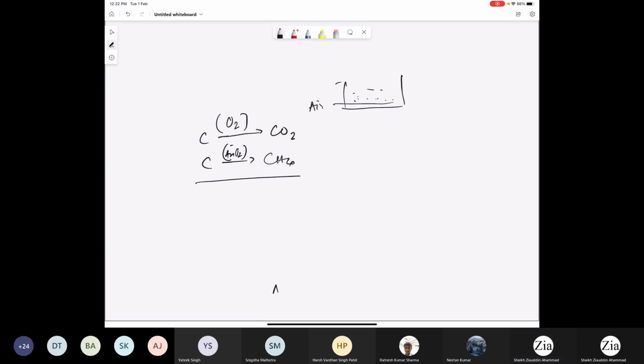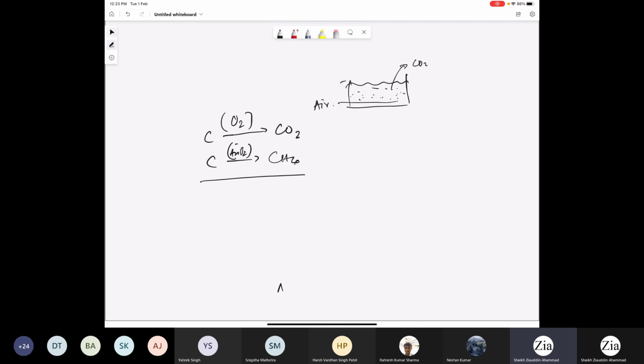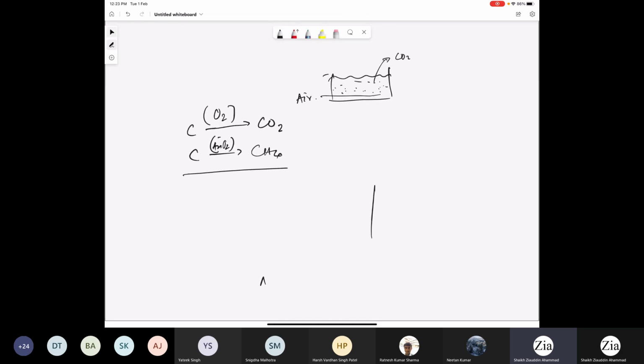You have carbon present in this system. Bacteria will use oxygen during their metabolic activity and convert this carbon to carbon dioxide, which will come out from the reactor system. Whereas in the anaerobic system, we deal with a closed vessel where the granules are present, we supply effluent from the bottom, and from the top you will get methane.